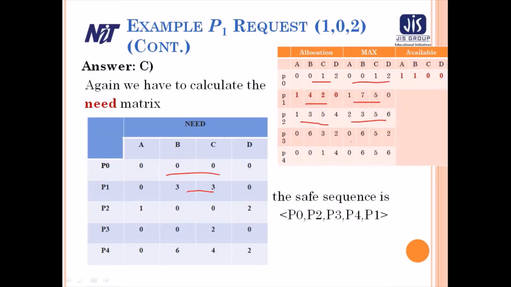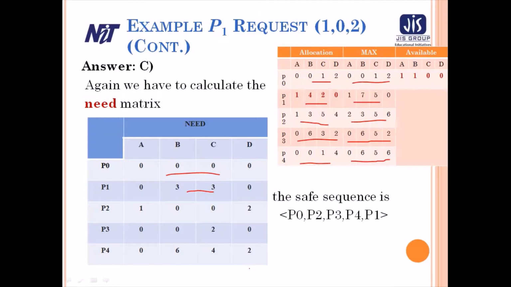For P3, the max is 0652 and the allocation is 0632, so the need is 0020. And for the last process P4, the max is 0656 and the allocation is 0014, so the need is 0642.